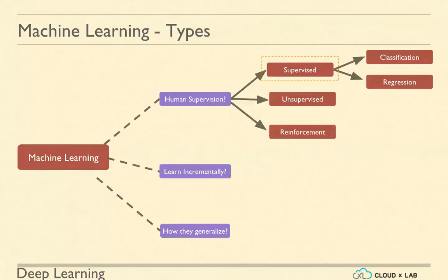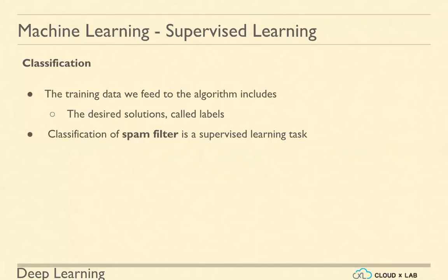Supervised learning is further classified into classification and regression. In supervised learning, there could be two situations. One in which we would like to just label things. If we feed the algorithm and desire solutions in the form of labels, this is called a classification algorithm.